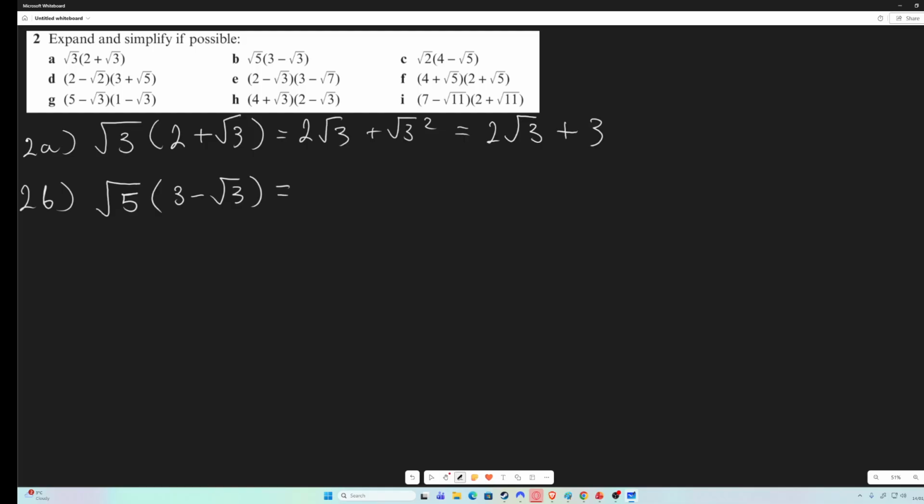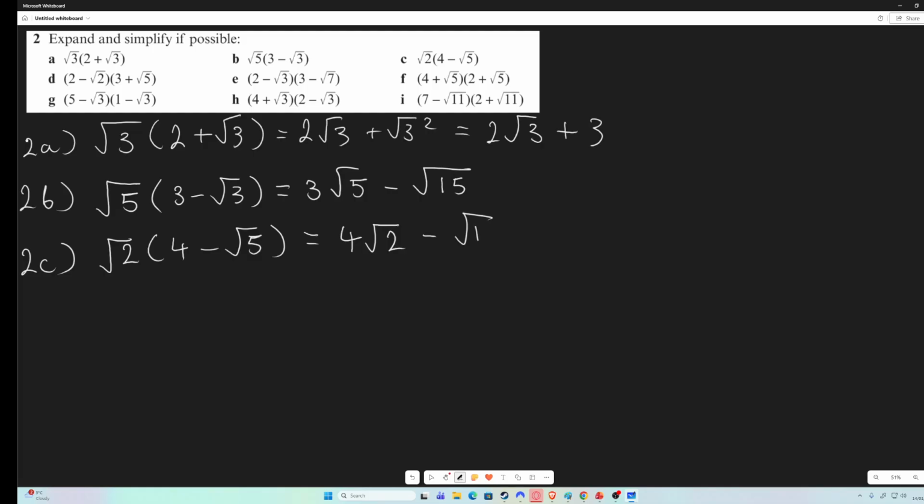Well, let's expand, so that's 3 root 5 minus root 15. Okay, well, that is the easiest way I can write it. 2c, root 2 times 4 minus root 5. Again, this will be 4 root 2 minus root 10.